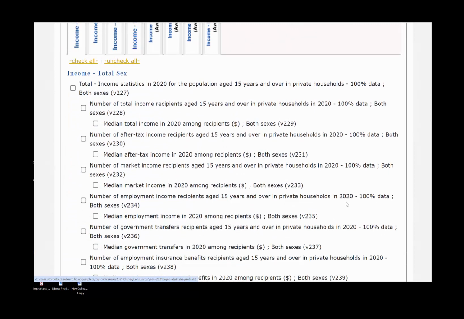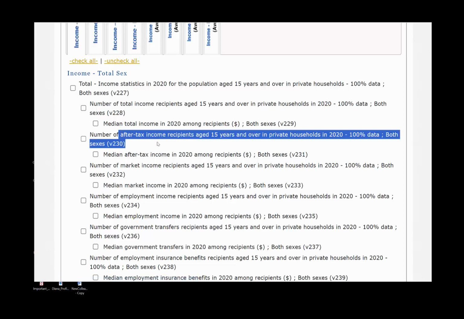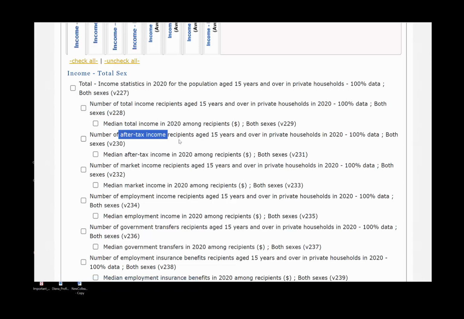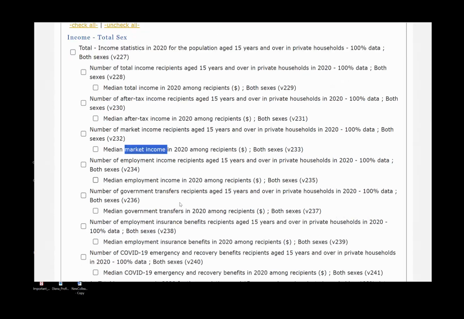There are different types of income recorded in the census. First one would be after-tax income, which is the total. Another type would be market income. These are all the incomes earned in the market, including employment income or self-employed income or investment income from the market.